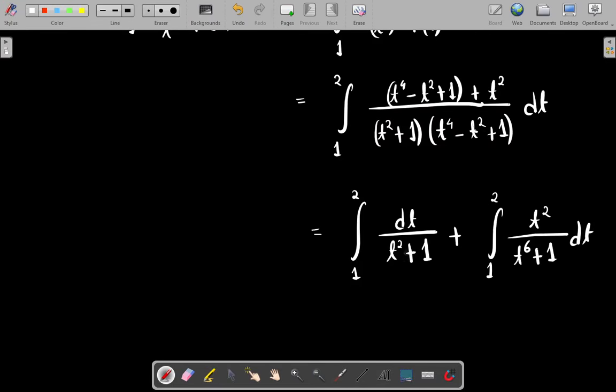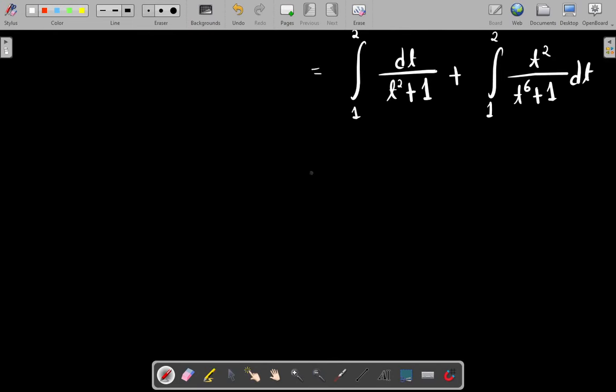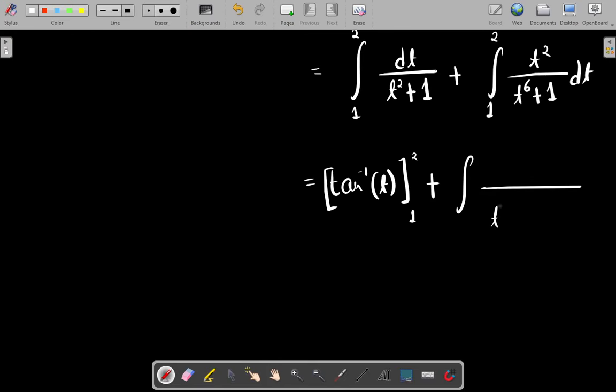You see the first integral is very easy. This is just tan inverse t, with limits from 1 to 2. For the second integral, we can write the denominator as t cube whole square plus 1 square.